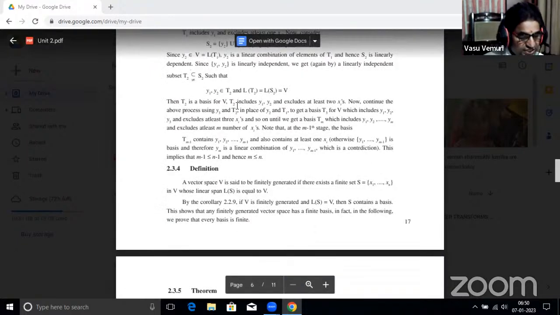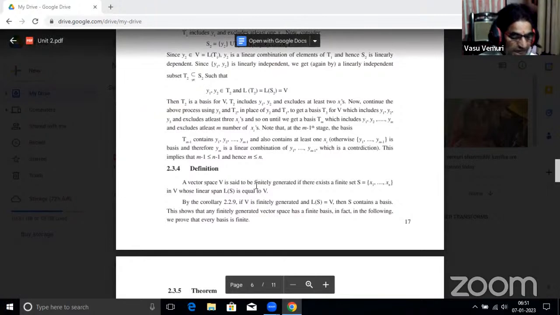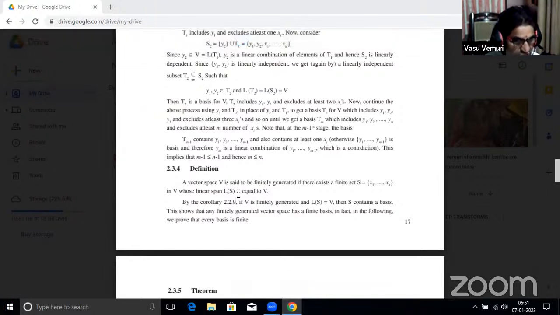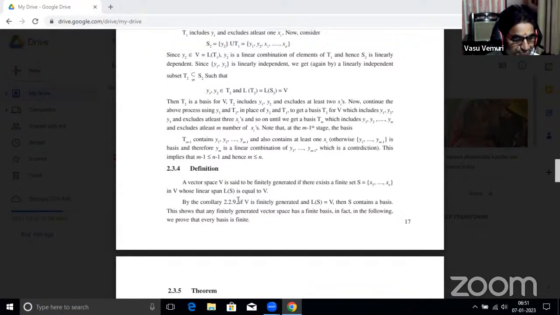Students, this theorem is also very important in the final examination, because this is the main part of vector space: what is the basis of a vector space, and the dimension of a vector space. Before the dimension of a vector space, we must know what finitely generated means.